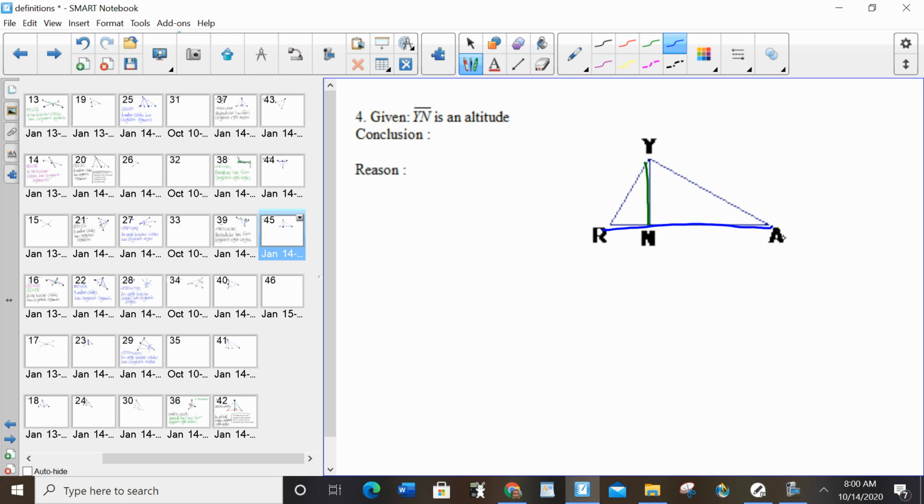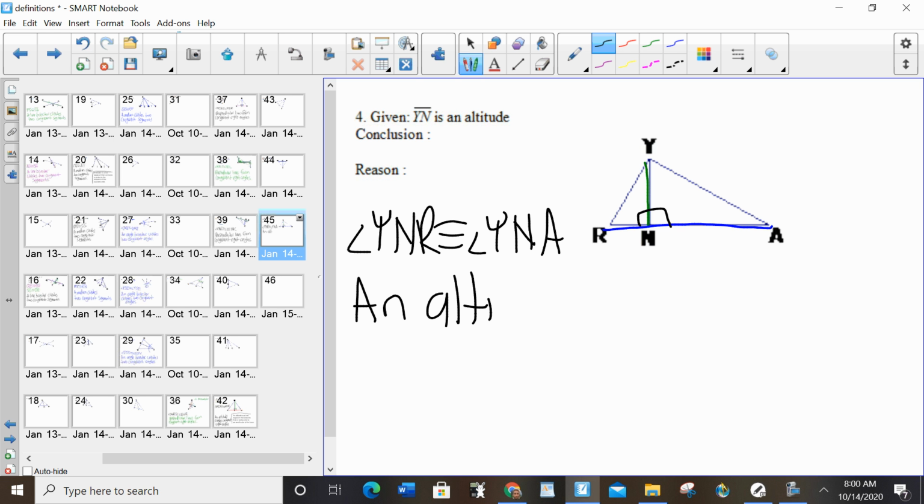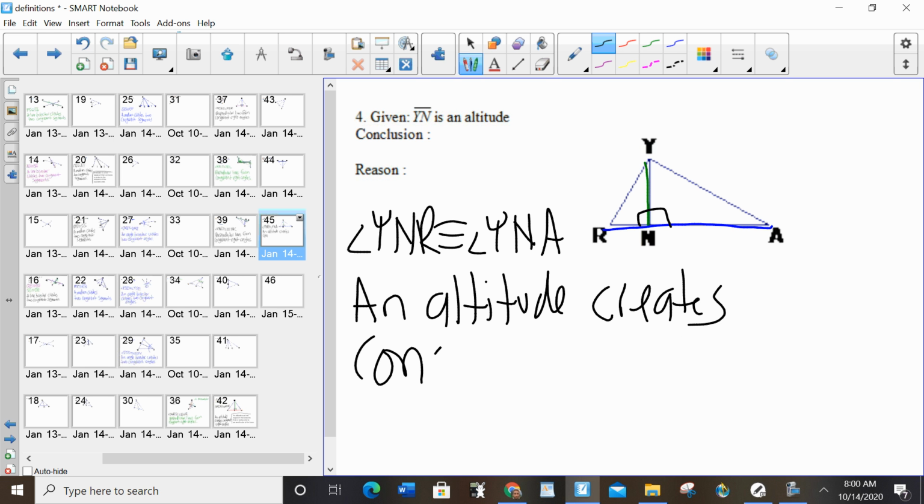This is your base. The right angles are at N. So angle YNR is congruent to angle YNA. And altitude creates congruent right angles.